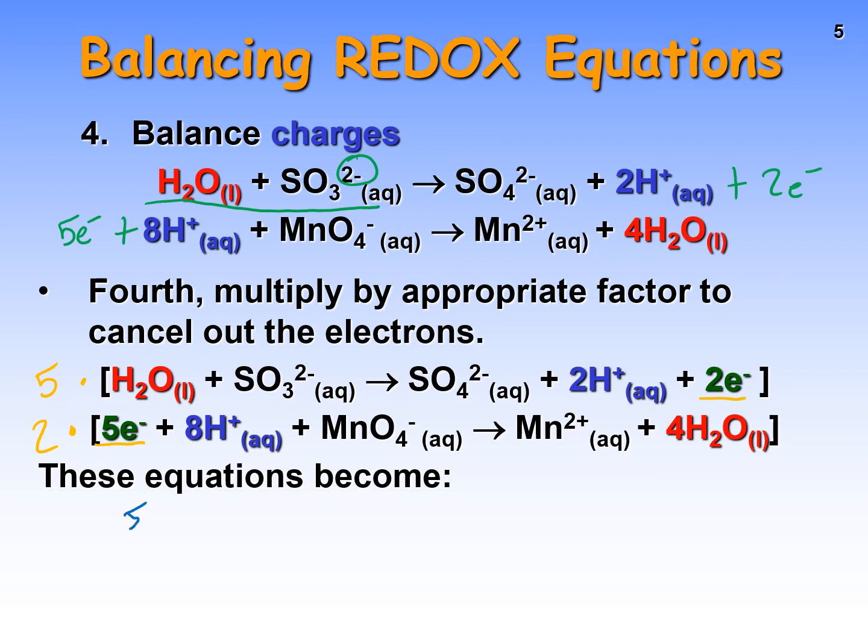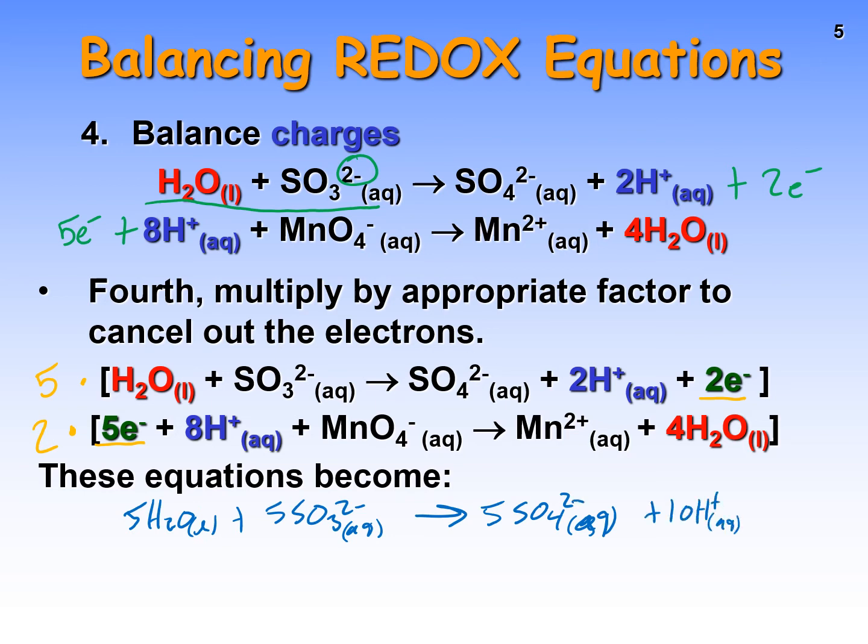So I have 5H2O plus 5SO3 2-, goes to 5SO4 2-, plus 10H+, plus 10 electrons for the first half reaction.